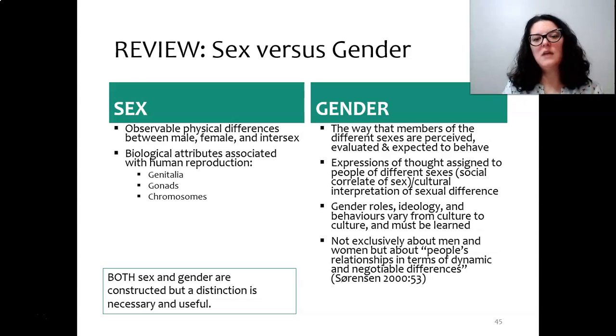Gender, on the other hand, deals with the ways we're expected to behave, think and feel as members of a society, right? It's not just how we behave, but the ways of thinking and feeling that are appropriate. It's the ideology, the behavior, and all these different things are things that we learn.